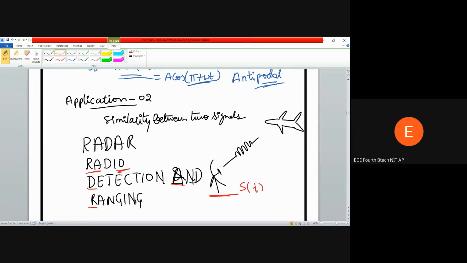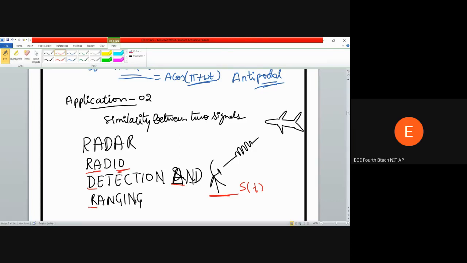If there is no target, you don't find any received signal, or the received signal will be only noise. If you calculate the similarity between the transmitted signal and the noise, obviously you will get a very low value of the correlation coefficient. It might be somewhere negative also. I believe you people are understanding what I'm saying.